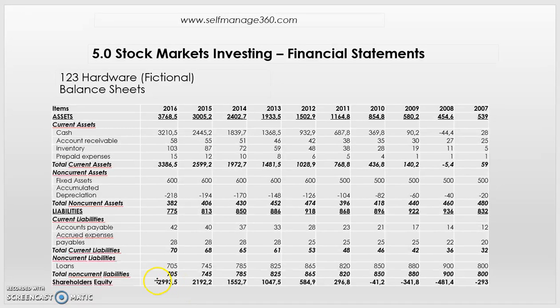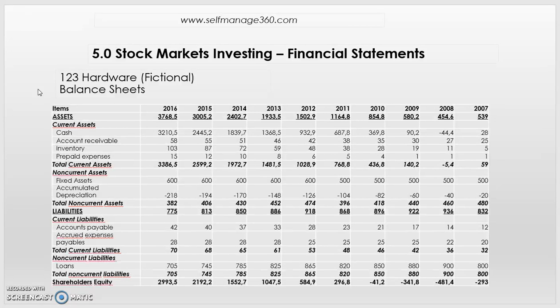Shareholders' equity is a key value that we will use in our assessment of a company. It's basically the value of the assets that are debt-free. So liabilities plus shareholders' equity gives you the total value of the assets owned by the company.